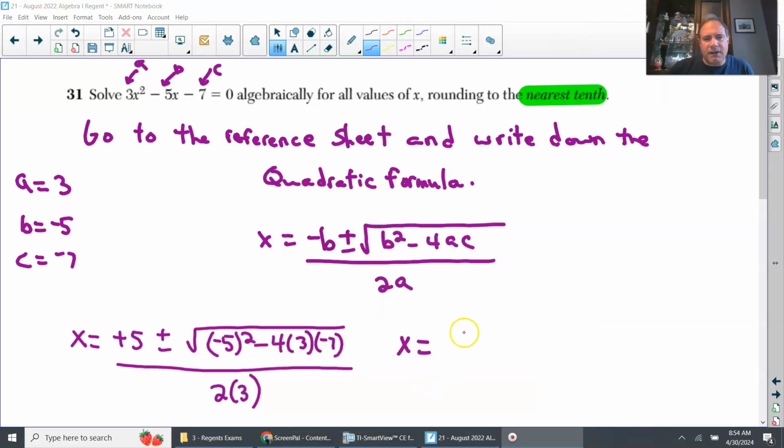So I'm just going to rewrite that. It's 5 plus or minus the square root of 109. I just want to show you the progression that's happening here, over 6.